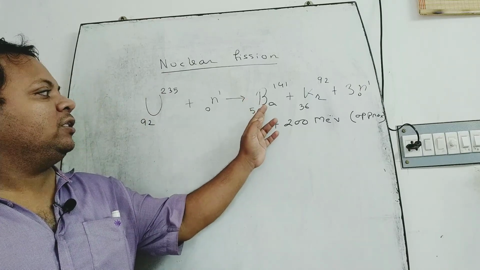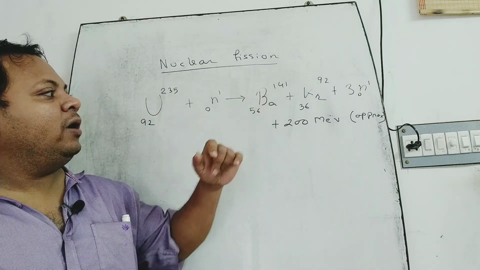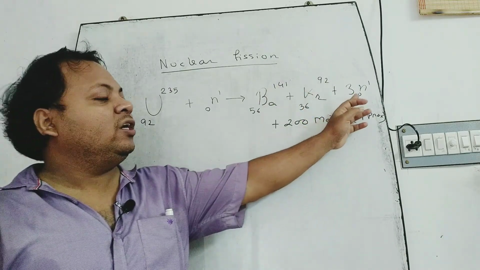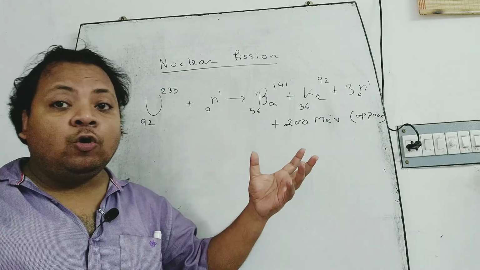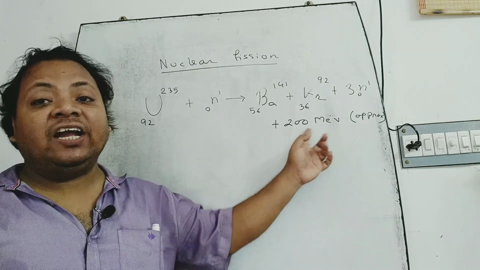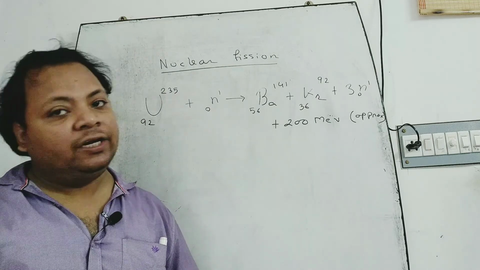First part is Ba 141 and Kr 92 and 3 neutrons, and in this process we get 200 mega electron volt energy.